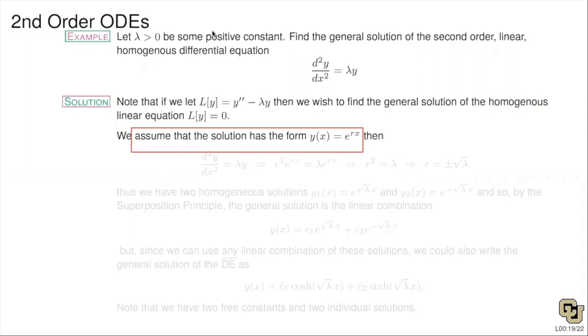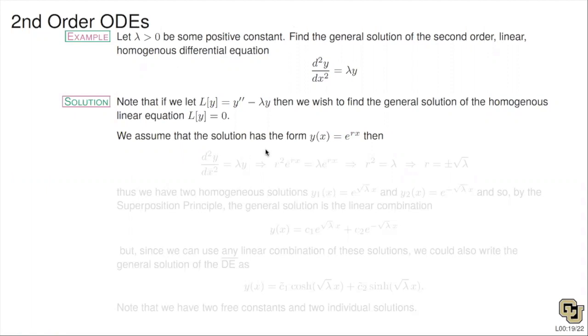Where'd that come from? This form is motivated by the solution to the first order equation, which we did using regular separation of variables for ODEs. There we got c e to the minus alpha x. So we're using this idea that it's e to a constant times x. That's some kind of starting point for us. Because it worked once, maybe it'll work again.